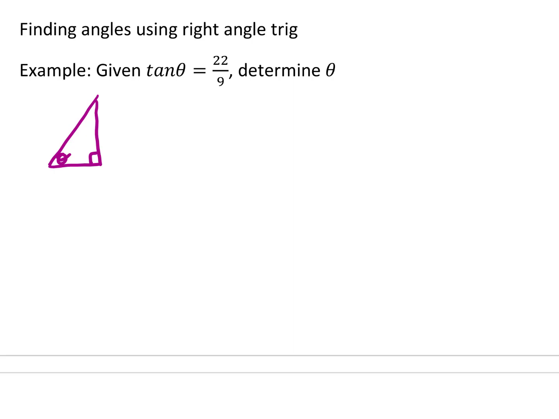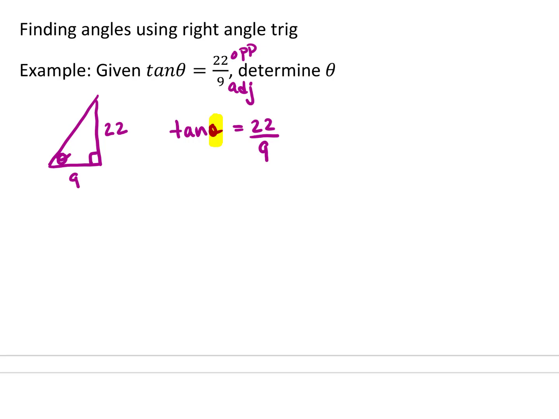Tan is the same as opposite over adjacent. So we've been given the opposite length as 22 and the adjacent length as 9. So tan theta is equal to 22 over 9. We're trying to find theta.